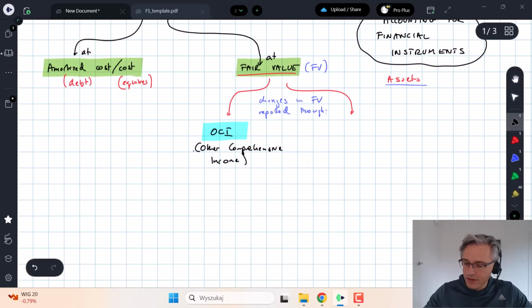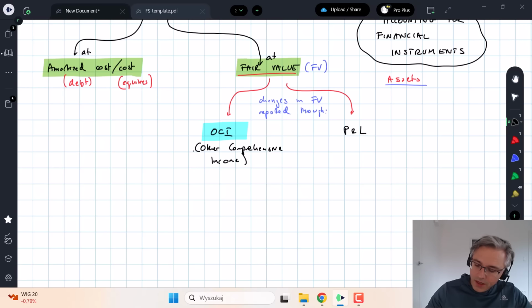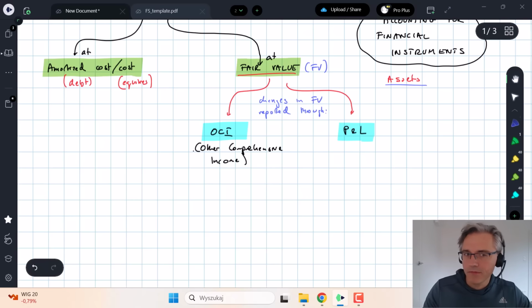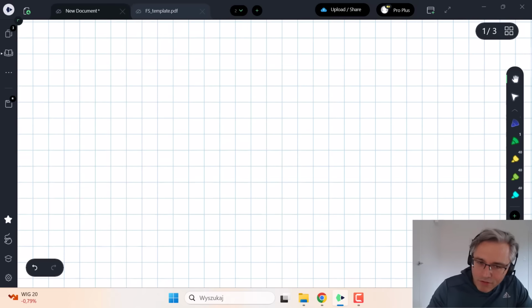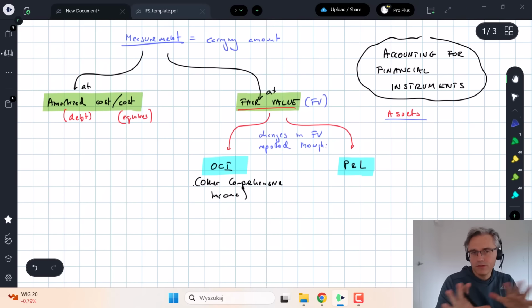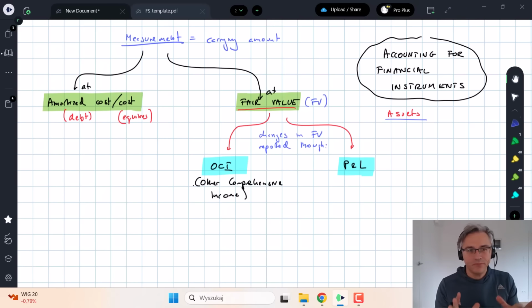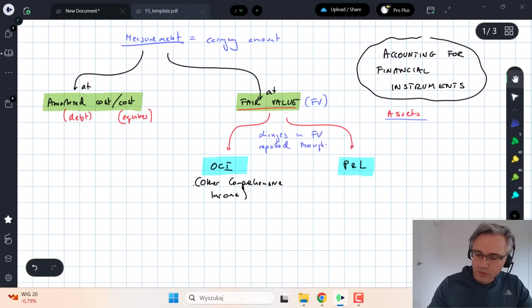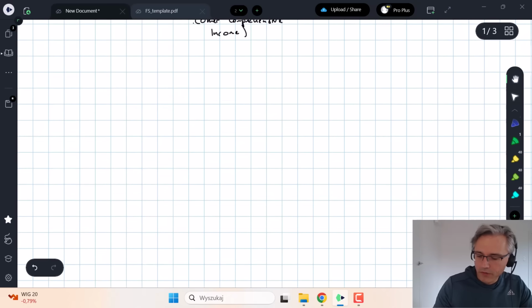It's important to understand and appreciate what that means. And the other alternative is to have those fair value changes reported in P&L, which means profit and loss, or the income statement. From now on, most of the stuff will be numerical, but this is a good thing to jot down. If you're relatively new to this topic, it will help you hopefully appreciate what's going on.